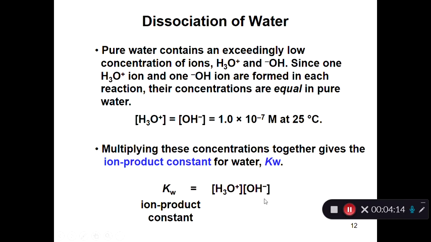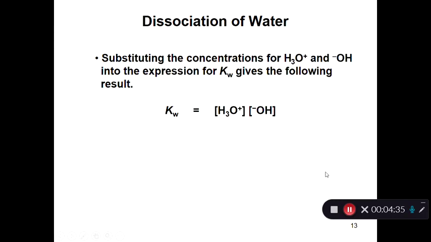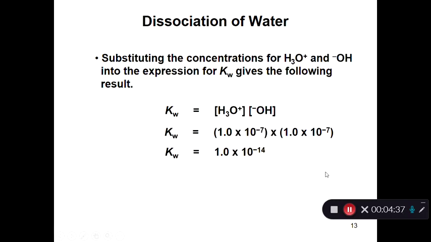Product, the multiplication of the H3O plus ion concentration by the OH minus ion concentration, makes one constant. As you may predict, at 25 degrees Celsius, you just plug in and get 1 times 10 to negative 14. We call that the ion product constant of water.